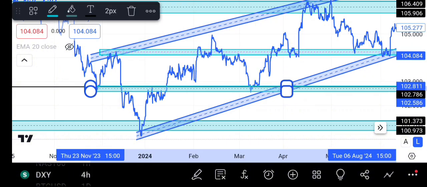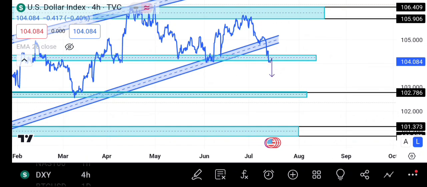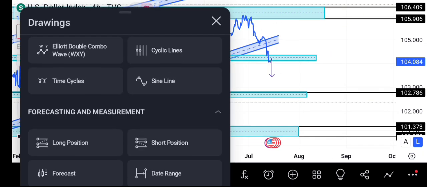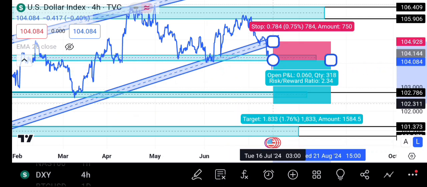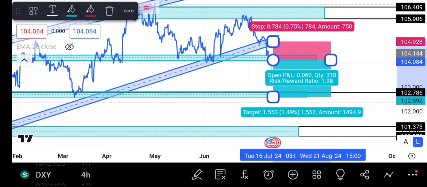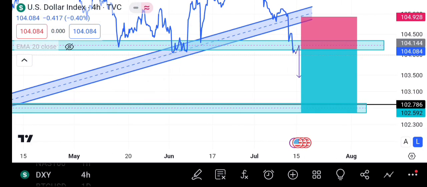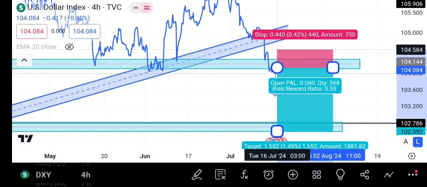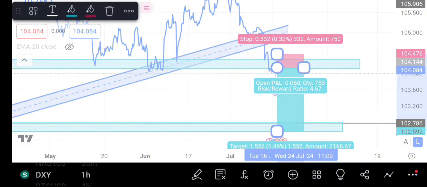That's the first target that we are going to be targeting in the market. This is the first target that I'm targeting. I can even go to the 1 hour.